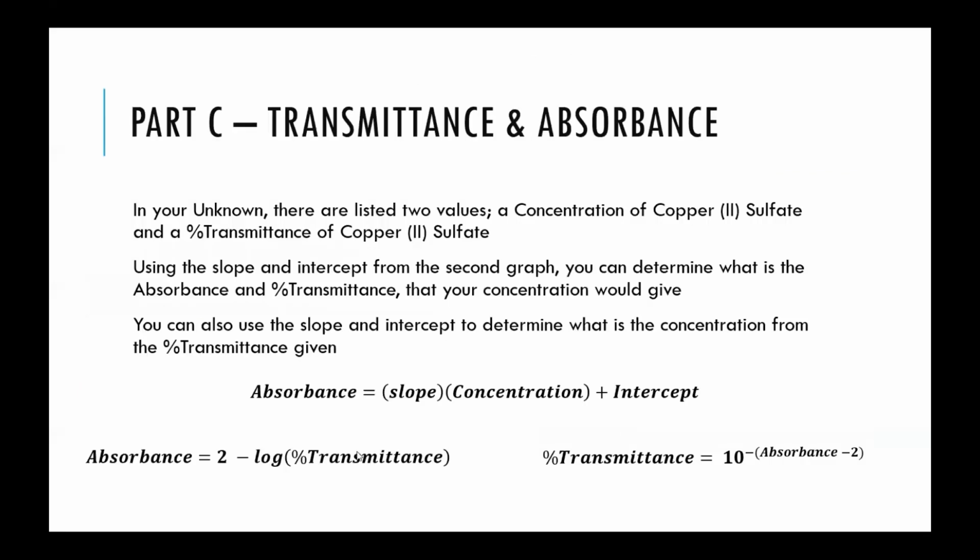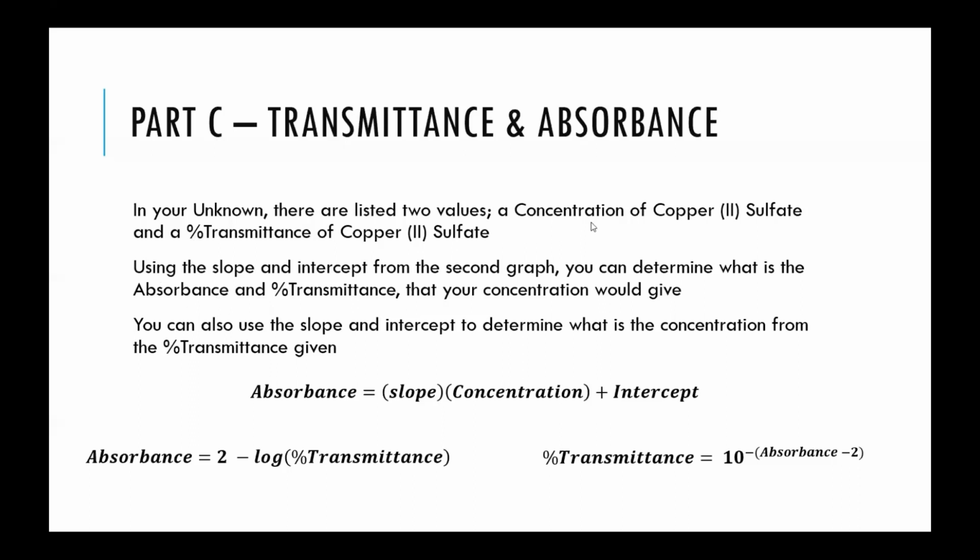So you're going through and calculating two different parts of this unknown. You're given a concentration and asked to determine what is the percent transmittance. Next, you're given a percent transmittance and asked to determine what is the concentration. Those two values are not related.